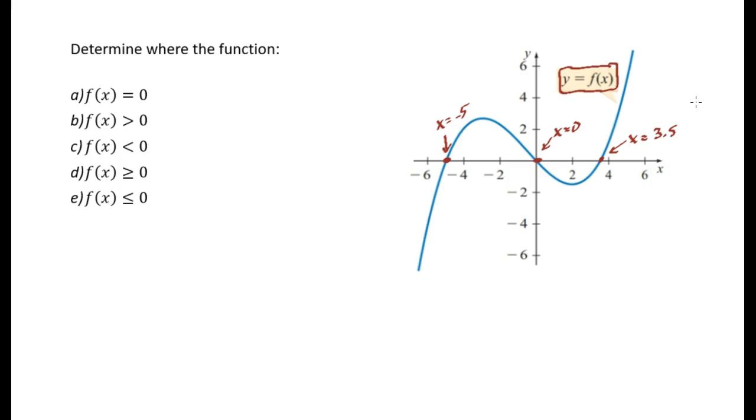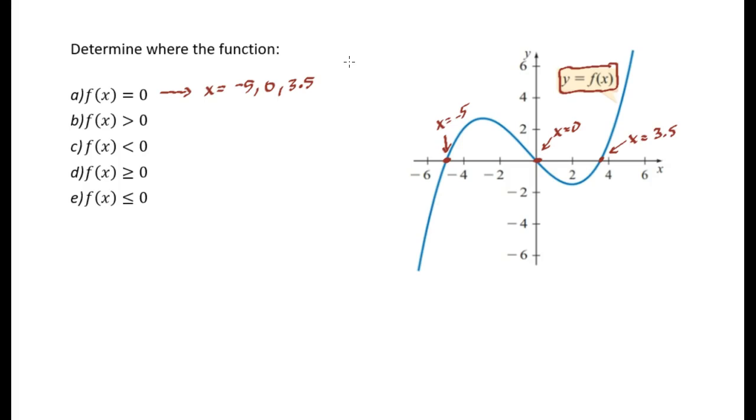Okay, so we would say that f of x is equal to 0 at x equals -5, 0, and 3.5. And it's good that we did this first because that's going to affect our results here. You're going to see -5, 0, and 3.5 come up again.